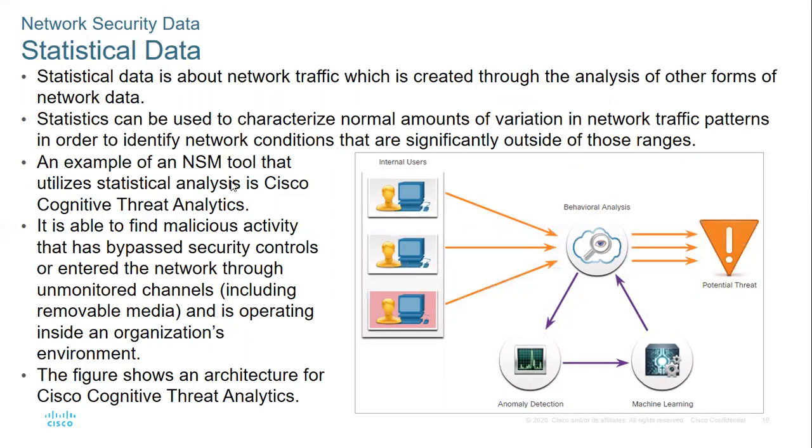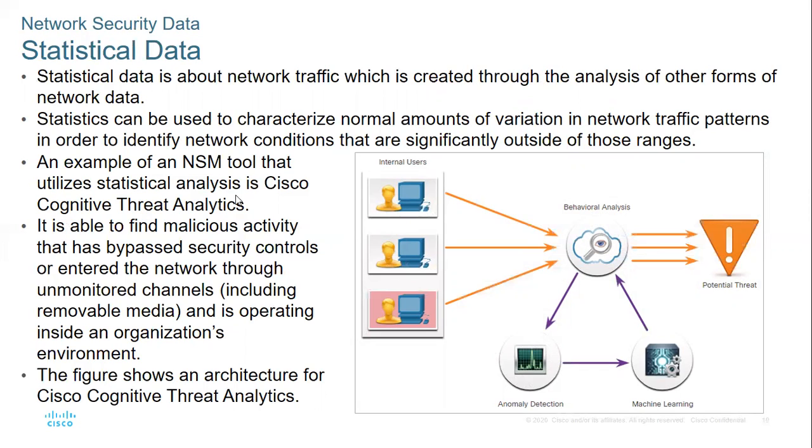We have an example of NSM, which uses statistical data, and that is the Cisco Cognitive Threat Analytics. So this is what is happening now. We are trying to use some technologies we are getting from big data to help us detect malicious activities.